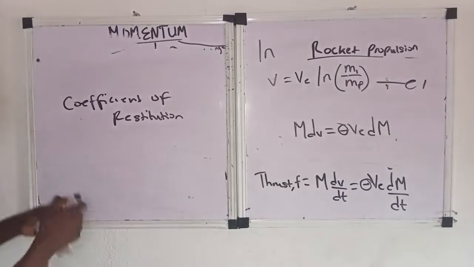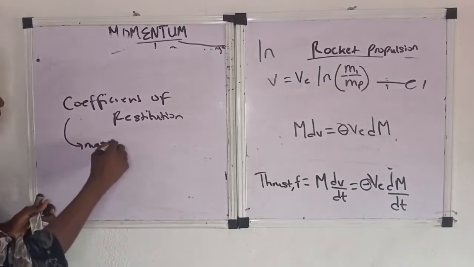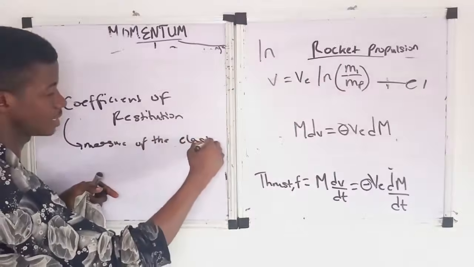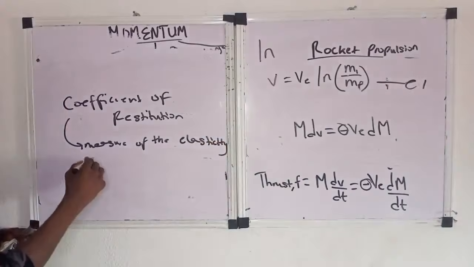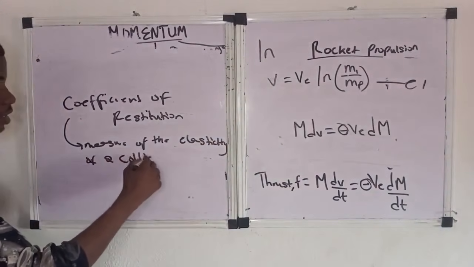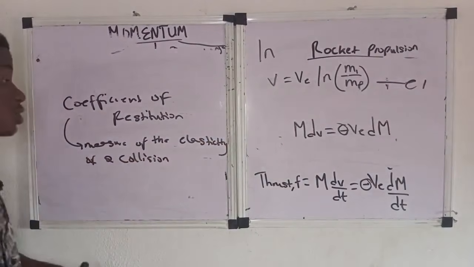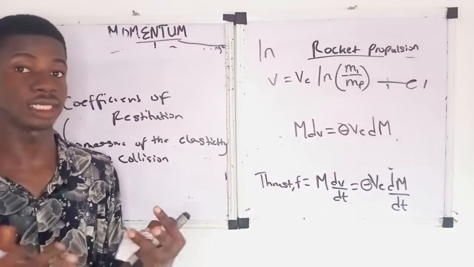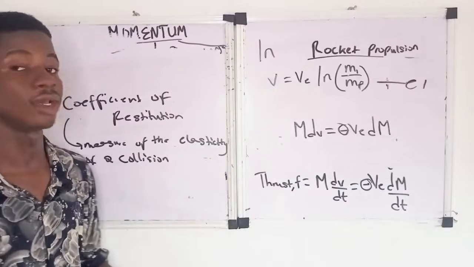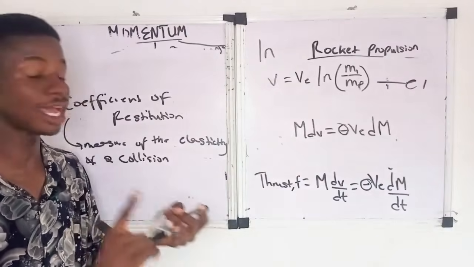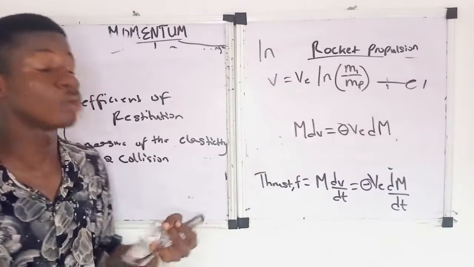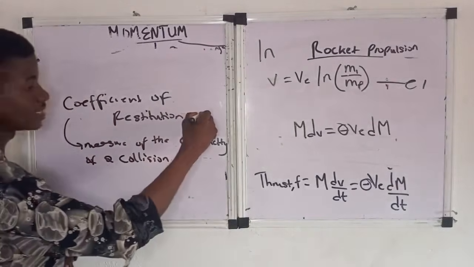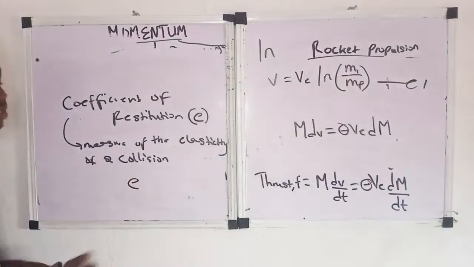Coefficient of restitution is the measure of the elasticity of a collision. So it tells us whether a collision is elastic, inelastic, or perfectly inelastic. The coefficient of restitution is given by the symbol e.